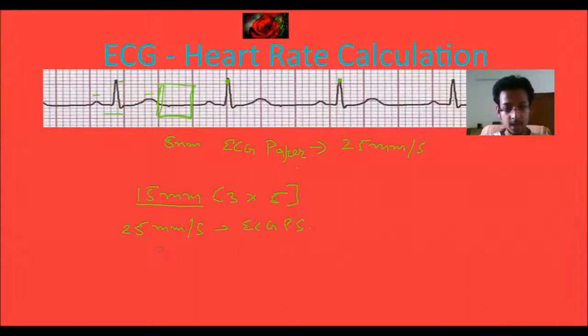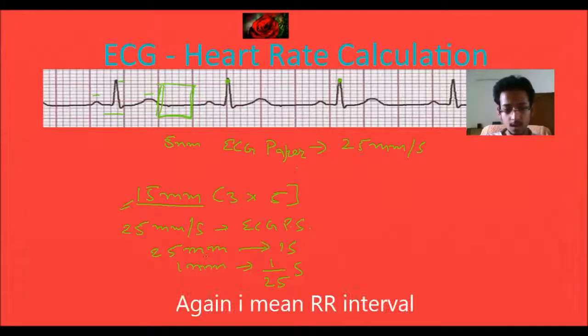How? Let us say when 25 mm is going in 1 second, 1 mm of paper will be drawn in 1 by 25 seconds. It's simple as that. Now we know our QRS complex consecutive difference is 15 mm here.